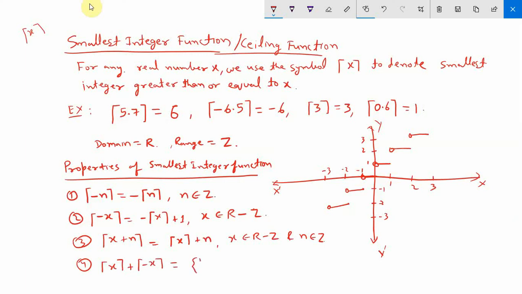It will be 1 if x is not an integer and 0 if x is an integer.